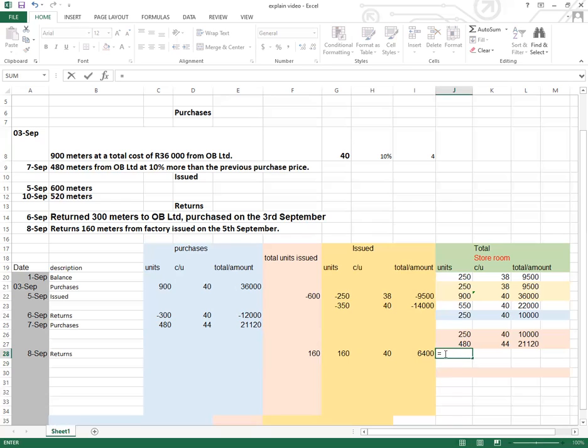I said return to the factory is going to increase our units in a factory, ne? Which means now we have how many units? 410 at 40 rand.